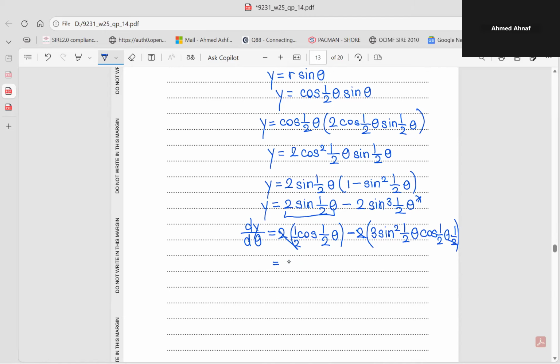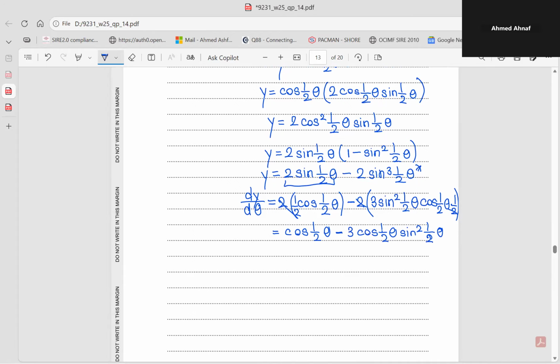So therefore, the final answer will just be cosine half theta minus 3 cos half theta sine square half theta. Yeah, so this is dy d theta. And now we have to equate it to 0.